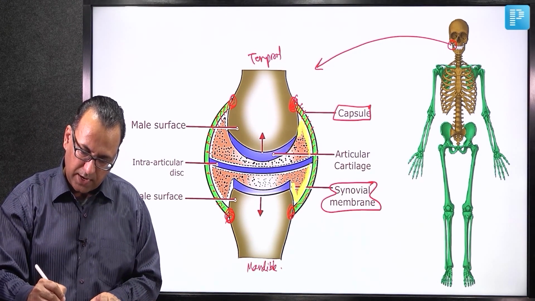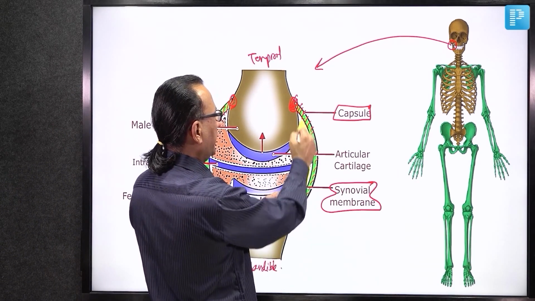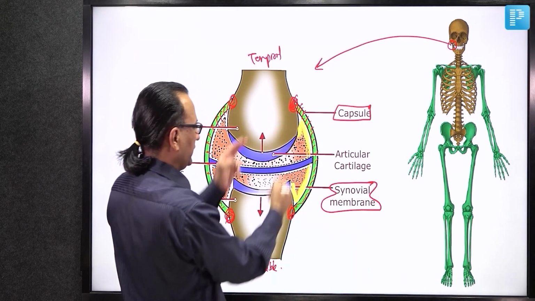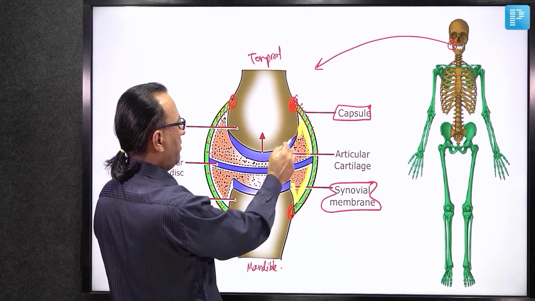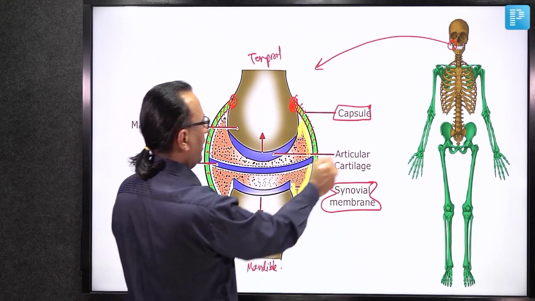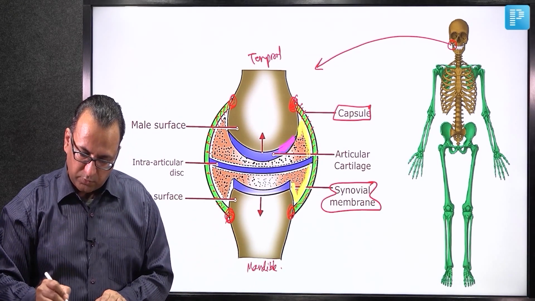But we have to understand that the synovial membrane can only line the non-articular surface of the bones participating in the joint, because at their articular surface, there cannot be any synovial membrane. There we have what is called articular cartilage. So let us show that as well. Here, synovial membrane cannot come to this region.